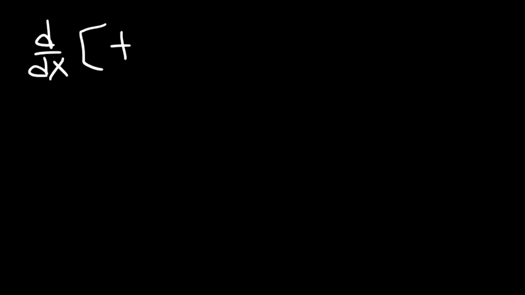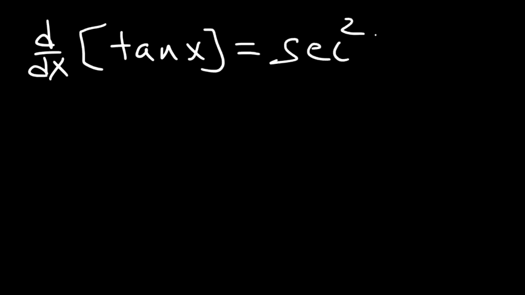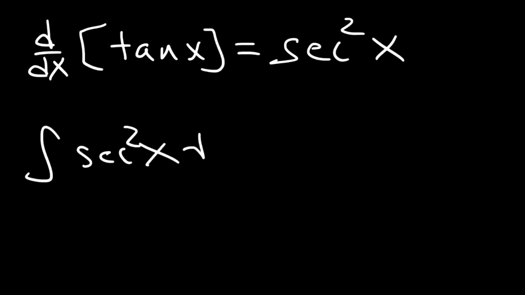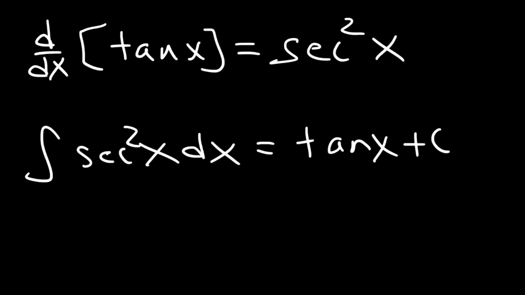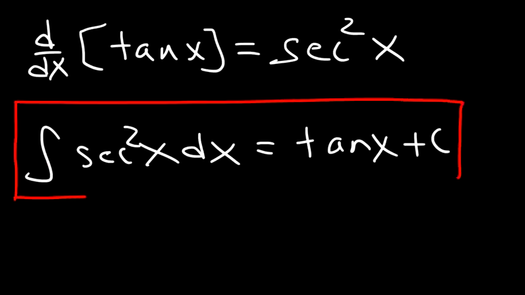Now, let's move on to the derivative of tangent x, which is secant squared. So the antiderivative of secant squared is tangent x plus c. And so these are formulas that you just have to know. If you don't know them, make sure you write them down. And as you do your homework, you're going to become familiar with those expressions.